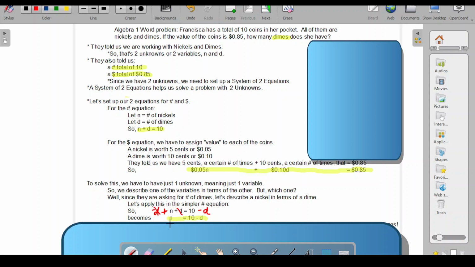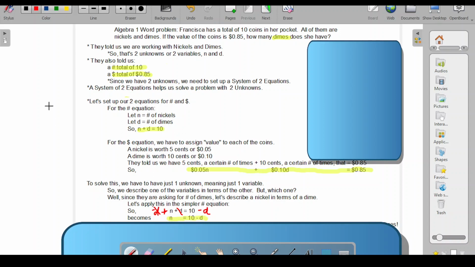So we get n equals 10 minus d. Remember, when you do the same thing to both sides, you still have an equal equation. You're still balanced. So now n equals 10 minus d. We've described n in terms of d.